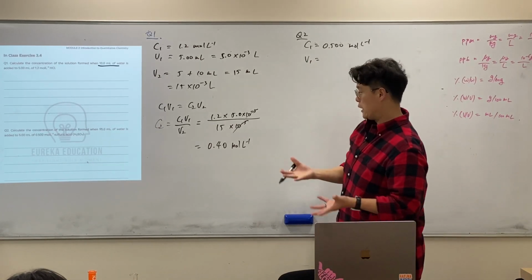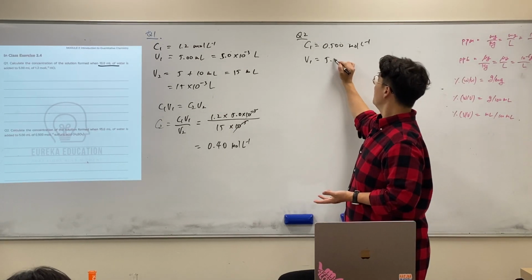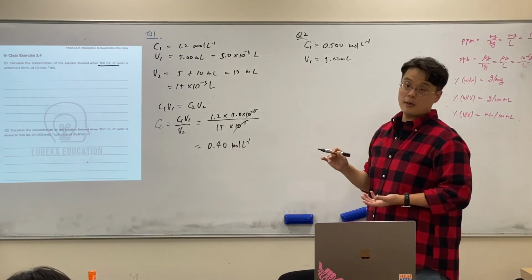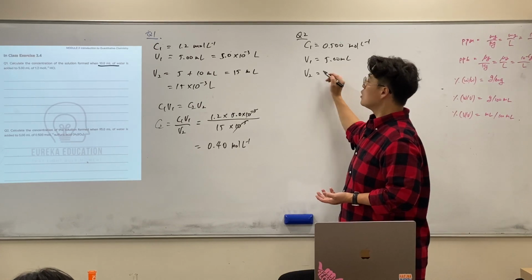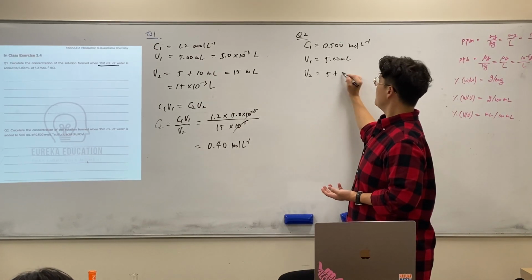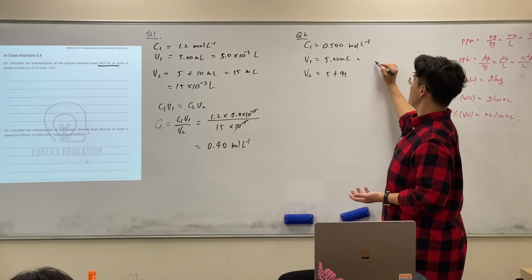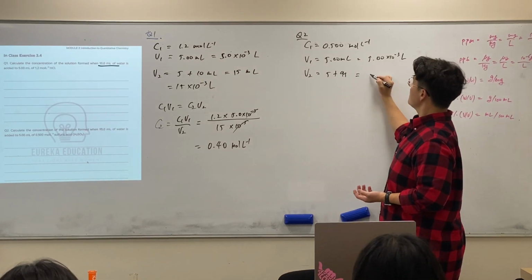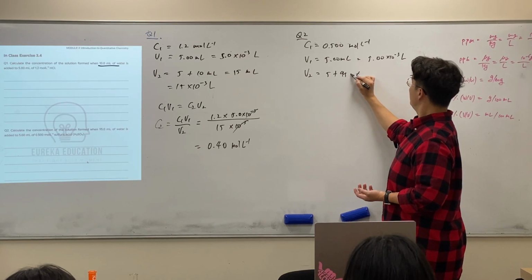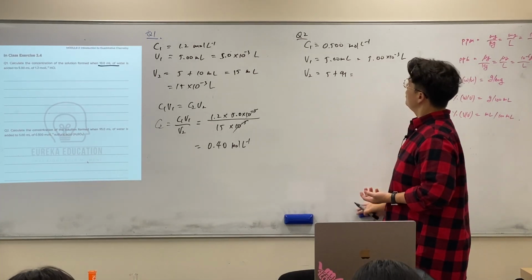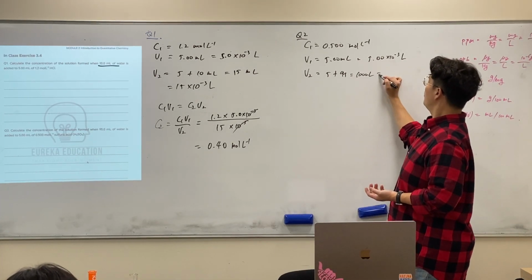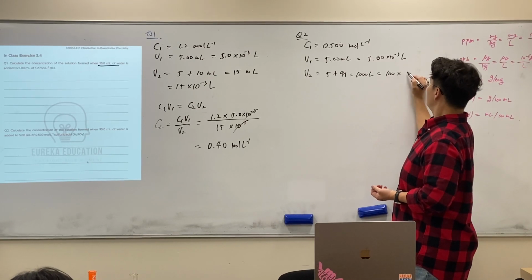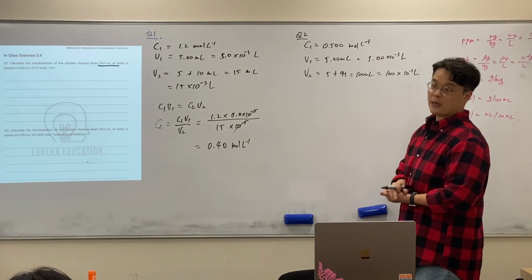V1, the initial volume, is given as 5.00 milliliter. V2 we're given as 5 plus 95. I'll just convert that into liters so I don't confuse you. That's 100 milliliter, which is the same as 100 times 10 to the power minus 3 liter in that case.